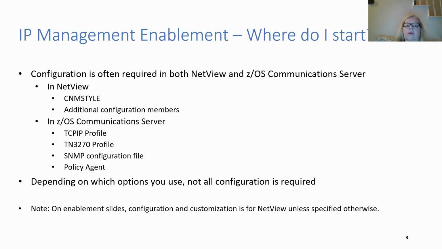There are occasionally some additional configuration members. In z/OS Communications Server, you might need changes in your TCP/IP profile, your TN3270 profile, an SNMP configuration file, and the policy agent. So depending on which options you use, you're not going to make changes in all of those areas all of the time.